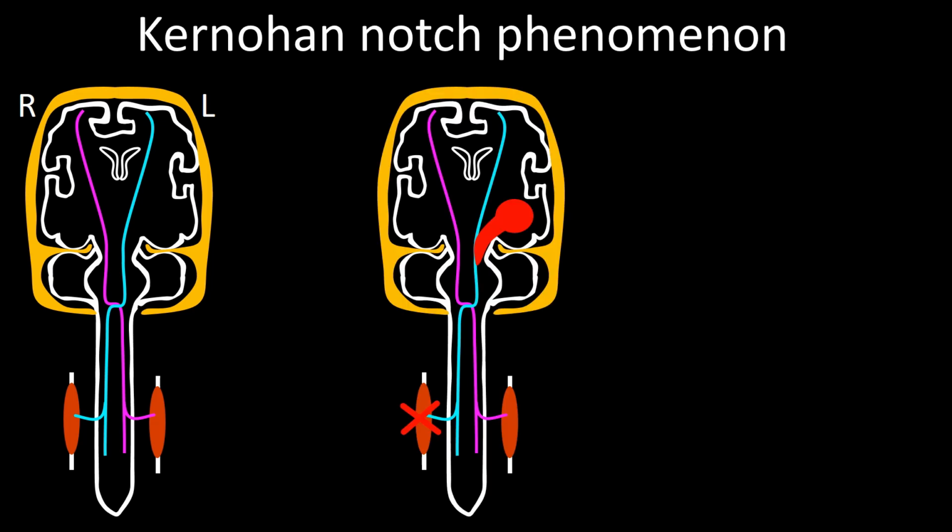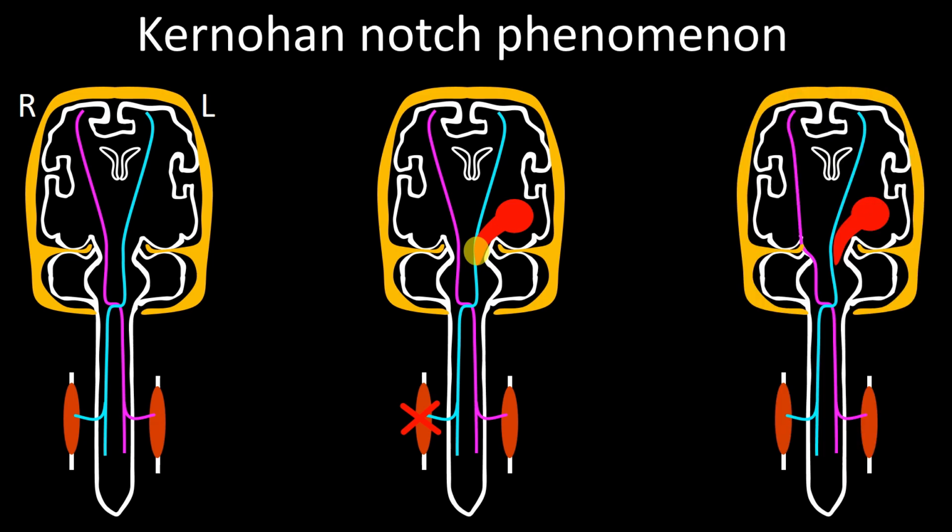In the new figure, I have represented the same structures and in addition a cerebral lesion represented in red. This lesion is compressing the aqua line representing the ipsilateral pyramidal tract, thus producing contralateral weakness. I have now represented a similar lesion in the new figure, but this time the lesion is only displacing the aqua line, but pushing the magenta line representing the contralateral pyramidal tract against the tentorium.